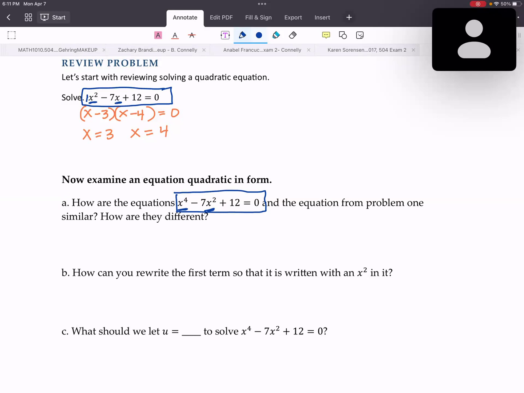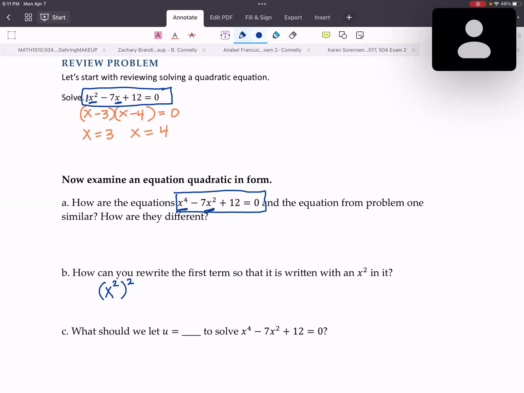So looking at that, we're thinking, how could I rewrite the first term so it has an x squared in it? I could say x squared, squared gives me that x to the 4th.